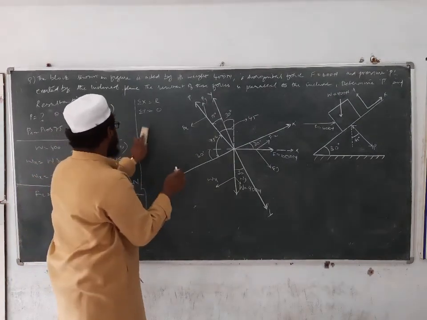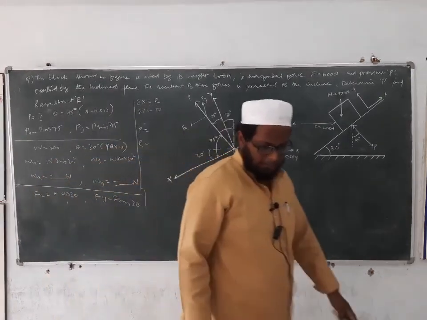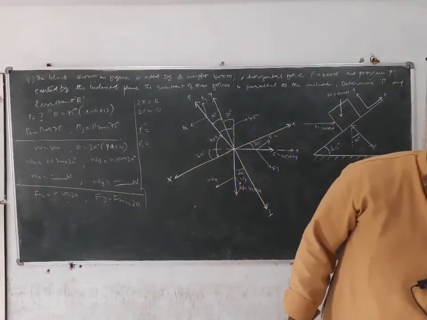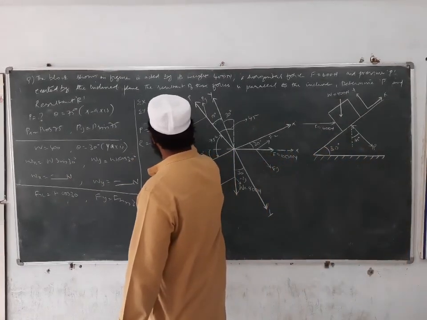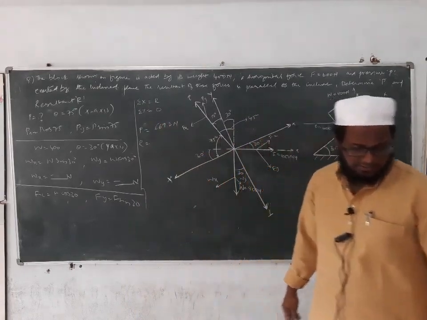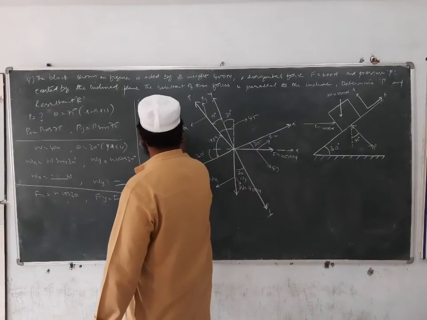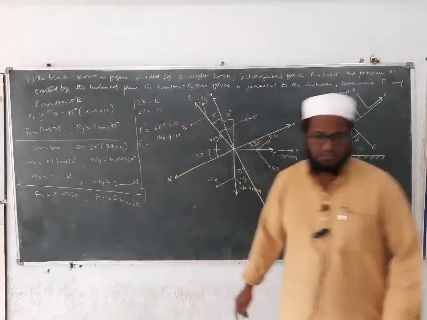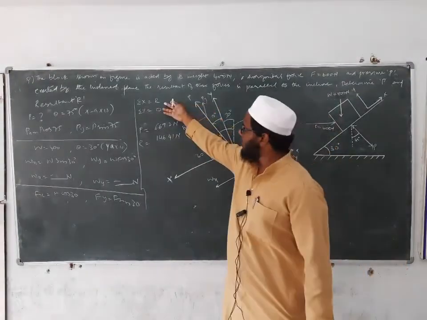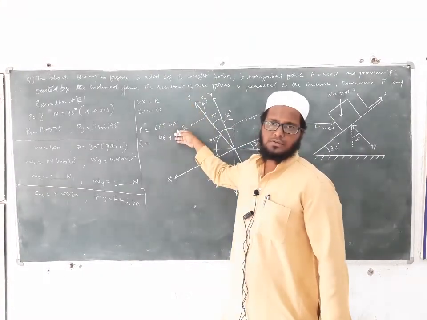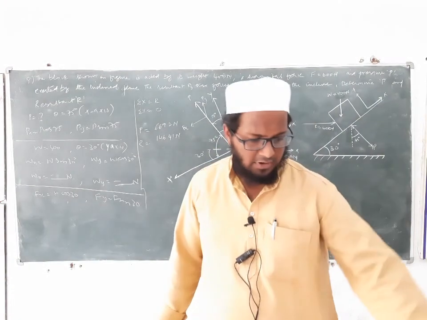You will get the values of P and R. The values will be 669.2 newtons and R is 146.41 newtons. We just have to simplify that. We'll get two equations, two unknowns, so directly we can calculate the values. So till now we have completed our resultant also.